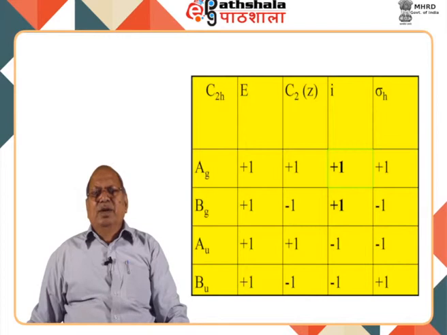The symbols are Ag, Bg, Au, Bu, A1u, B1u, etc. Point groups Cnh where n is even, Dnh where n is even, Dnd where n is odd, Oh octahedral, D infinity h, all these point groups have a center of inversion i, and there we use g and u as the subscripts attached to the one-dimensional irreducible representation.